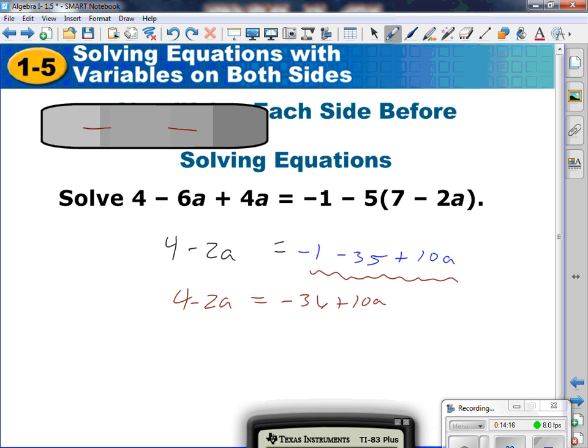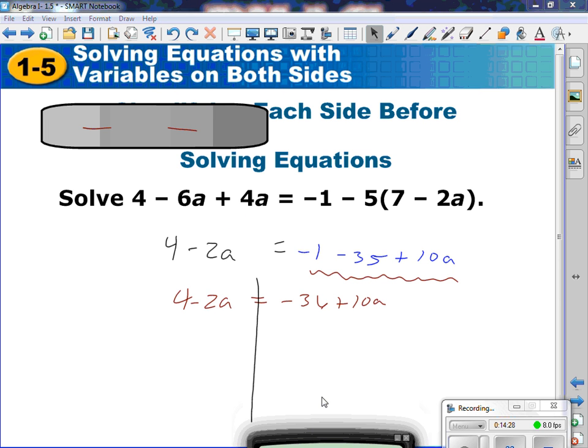Now I've done all this simplifying. Now I can start my moving things. Draw my line. Let's move our variable. You want to move the 2a. Why do you want to move a 2a? Because it's less than the 10. That's fine.